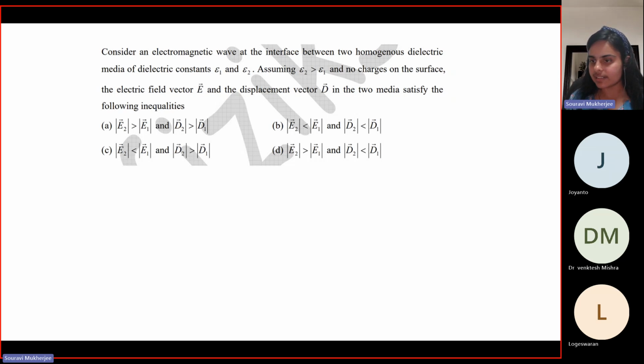In a conductor, they cancel each other and so it becomes 0, while in a dielectric, they do not cancel, but it reduces. So the more the dielectric constant, the less the net field, because there is more cancellation due to the polarization. So here D2 will be greater than D1, while E2 should be less than E1. So the answer would be given by this.